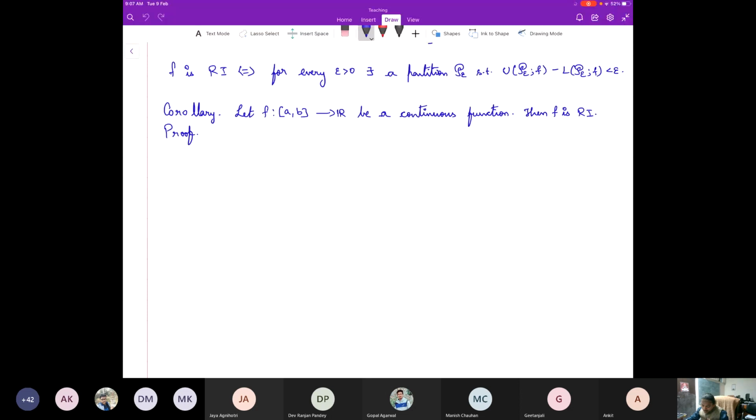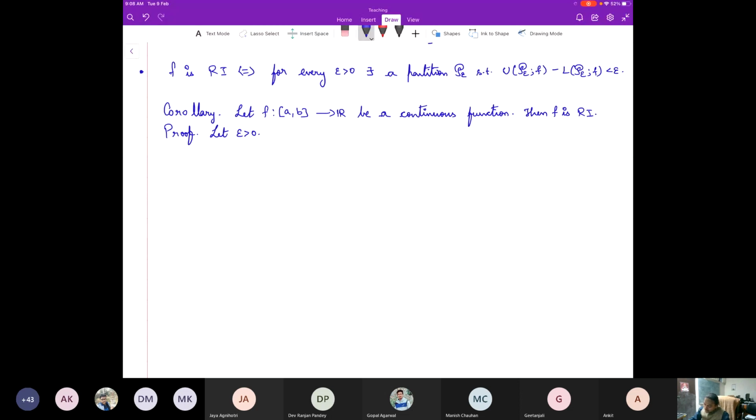So our aim is to make use of this characterization. So this is the characterization that we are interested in. So let's start with an epsilon positive.